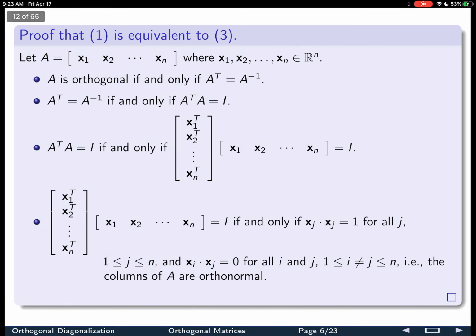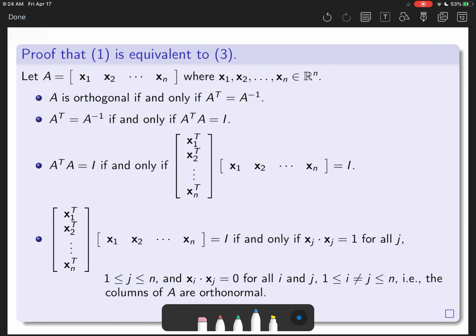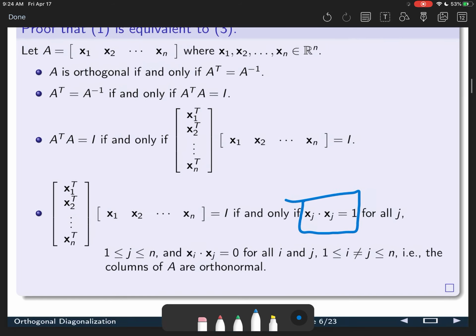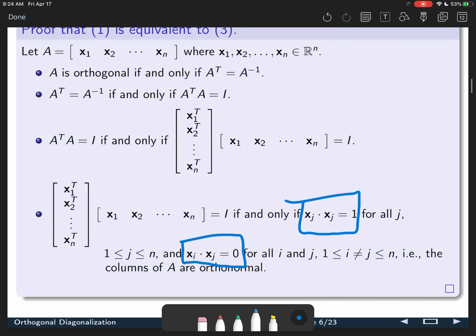I kind of just showed you how I understand that to be. And here again, they're showing you that the dot product of each of these columns is 1 when it's the dot product between the column and itself, and it's 0 when you're doing the dot products between different columns.